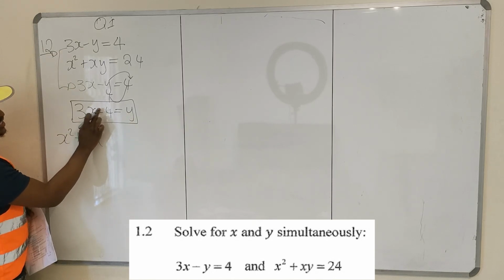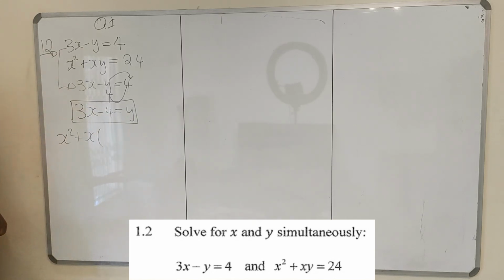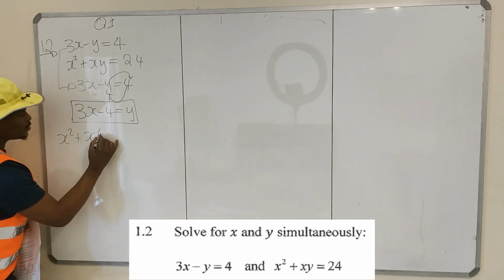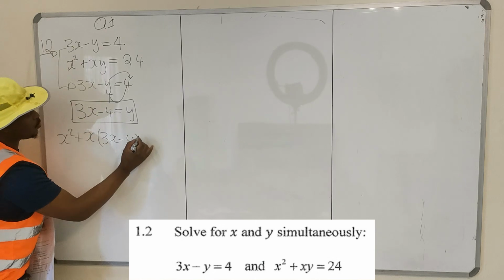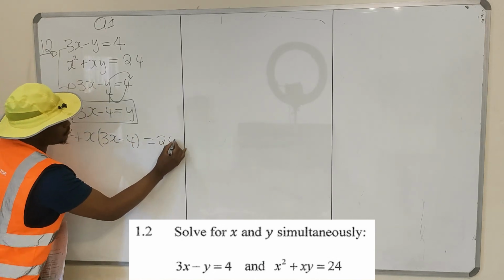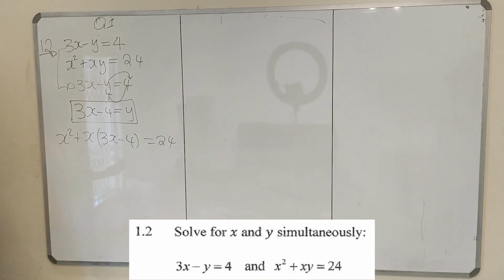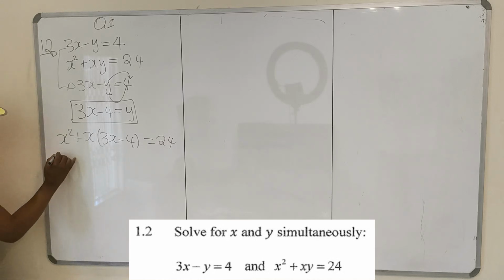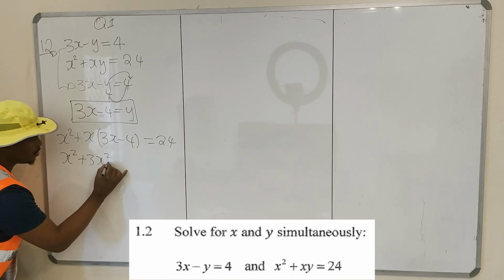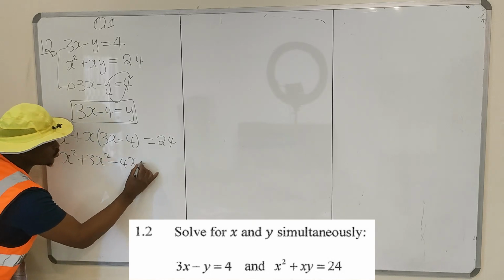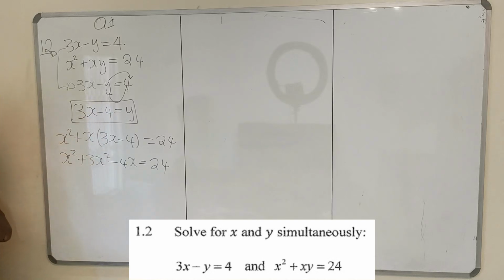Y, you substitute this thing here, because you said it's equal to y, right? So you substitute 3x minus 4 is equal to 24. Then from here, just expand the bracket. So you have x squared plus 3x squared minus 4x is equal to 24.